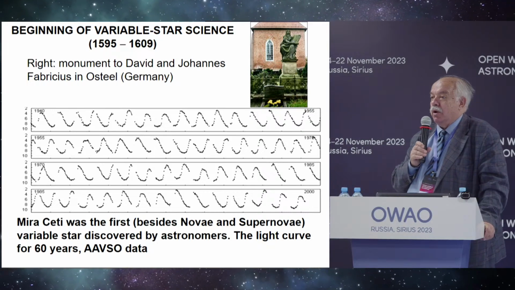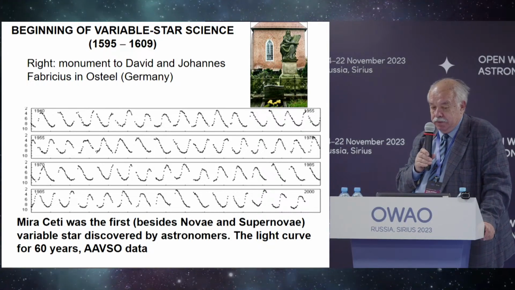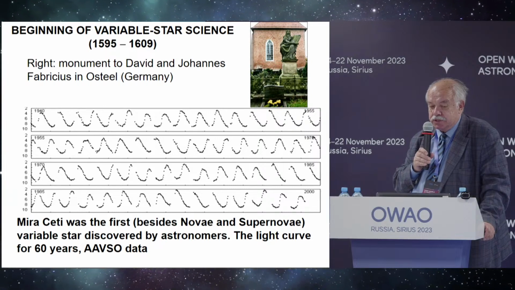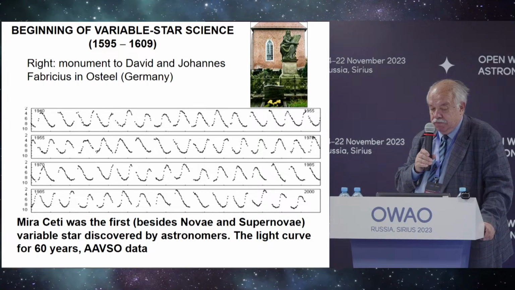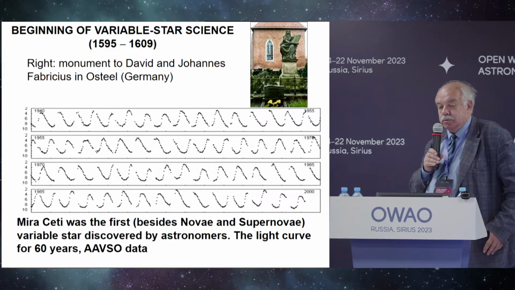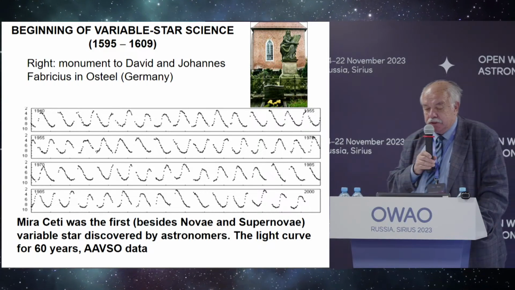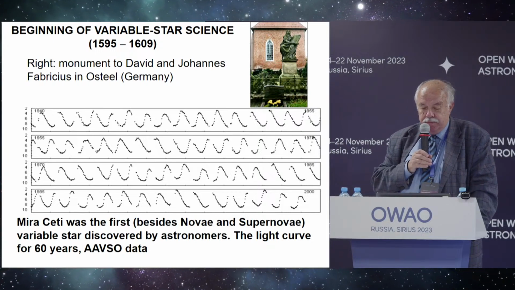And this is the so-called Mira Ceti, the famous pulsating star. It was the first variable star discovered by astronomers besides novae and, as we now say, supernovae.